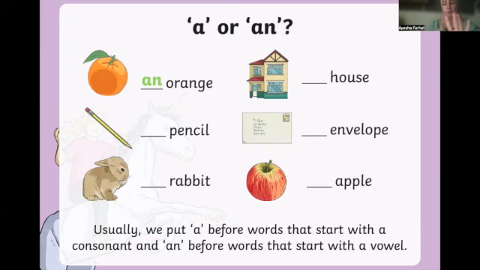So again, let's do it again. A, E, I, O, U. Now P is not a vowel. So following my rule, because pencil starts with a P, I have to use a pencil instead of an pencil. If I say an pencil, it doesn't make sense.